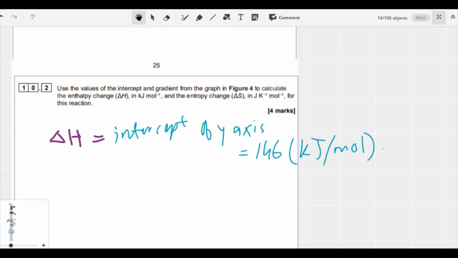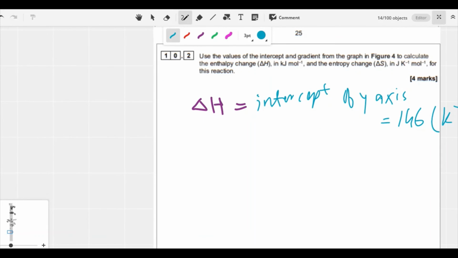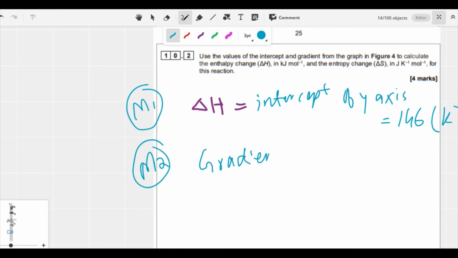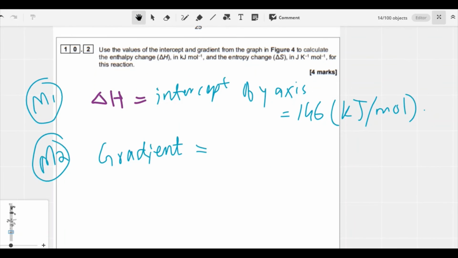Okay, now we need to find the gradient. Let's suppose that was M1. Now we are going to find M2. M2 is the gradient, and as we know the gradient is equal to up divided by across, not down, it will be across.